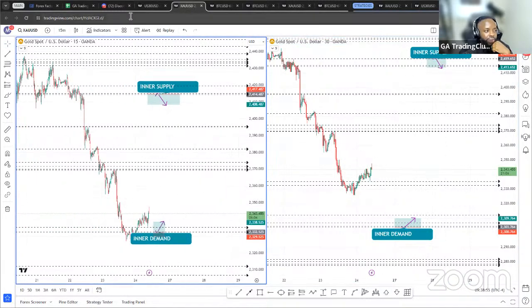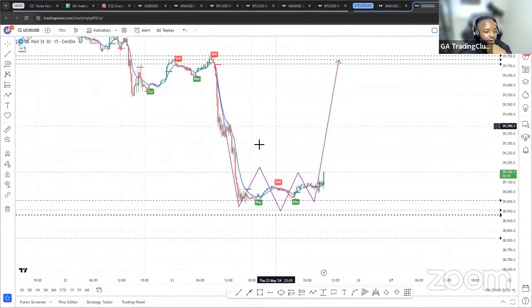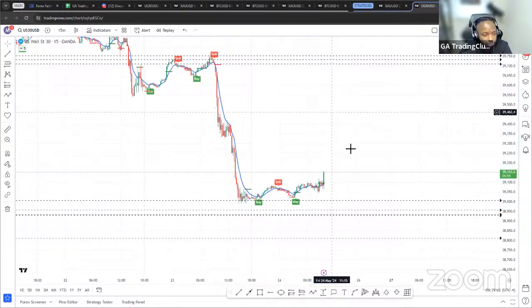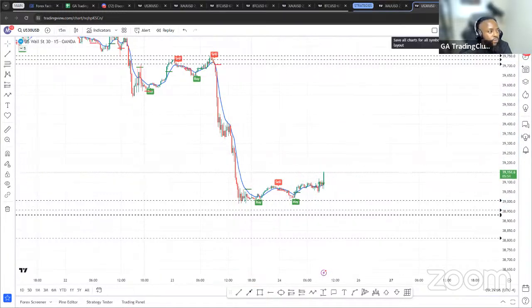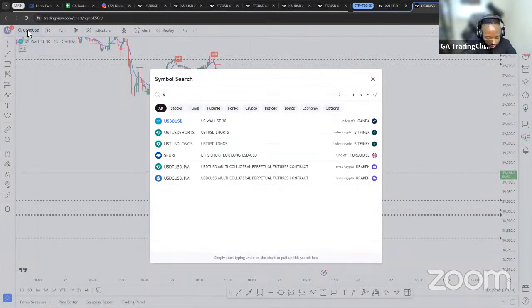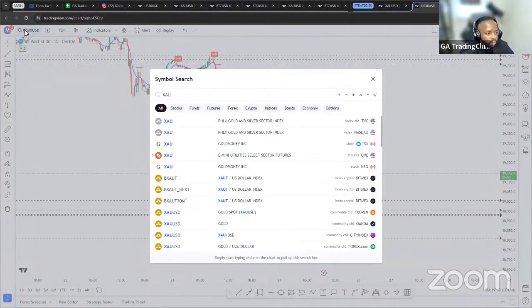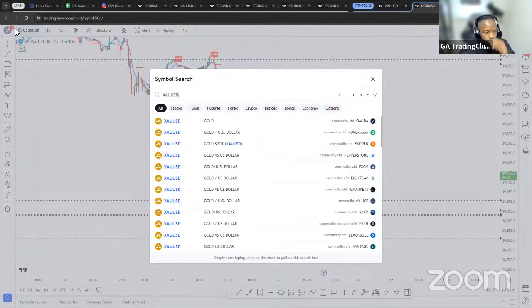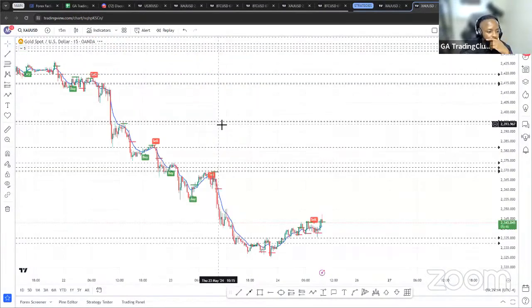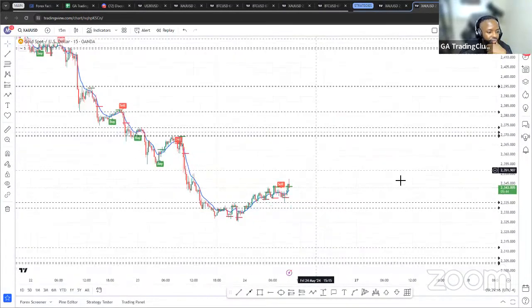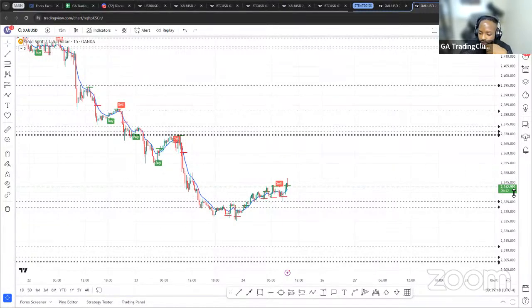So I would be biased for buys right now. But I don't see any entry right here for US 30. For gold, we'll see if we get a buy entry on the reverse. So we'll see.